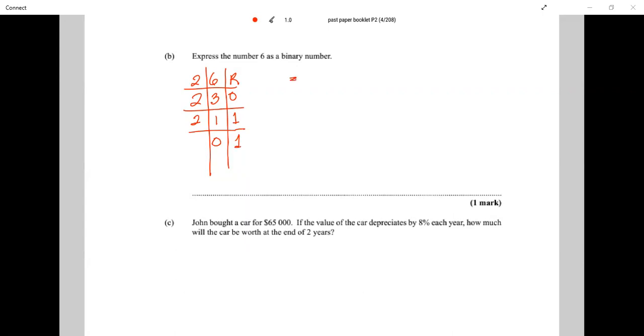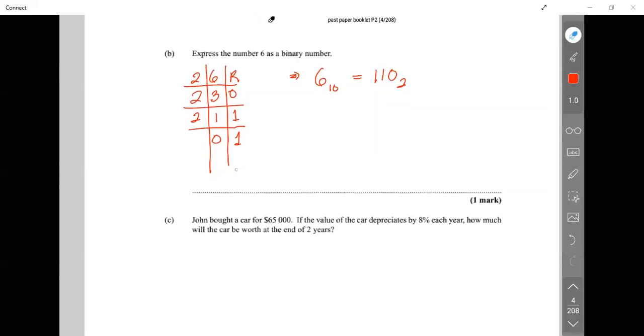So therefore, 6 base 10 is equal to 110 base 2. And of course, we can always test the answer to see if it's correct. I did it already, so I know it's correct. I'm not 100% sure about the method, but I think it is.